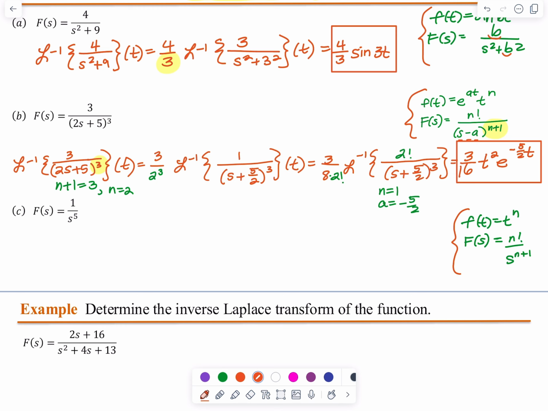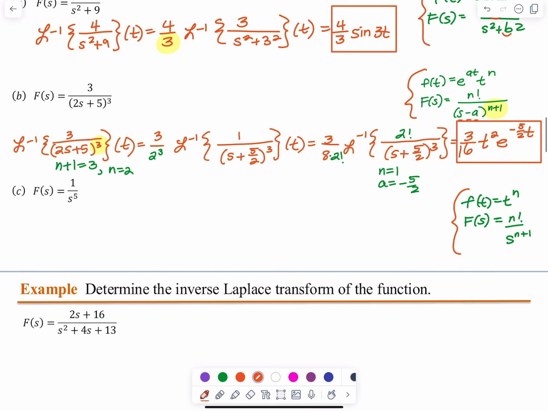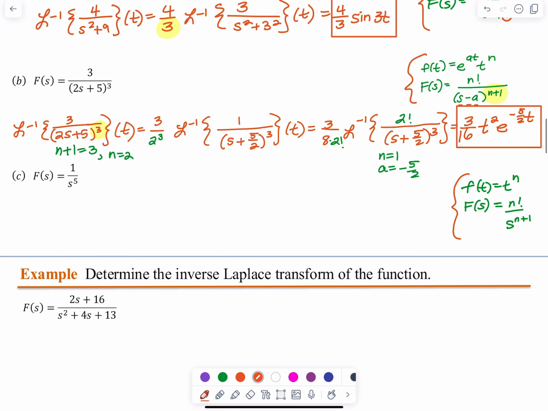So trying to come up with this form, we can see that n plus 1 is equal to 5. So n is equal to 4.